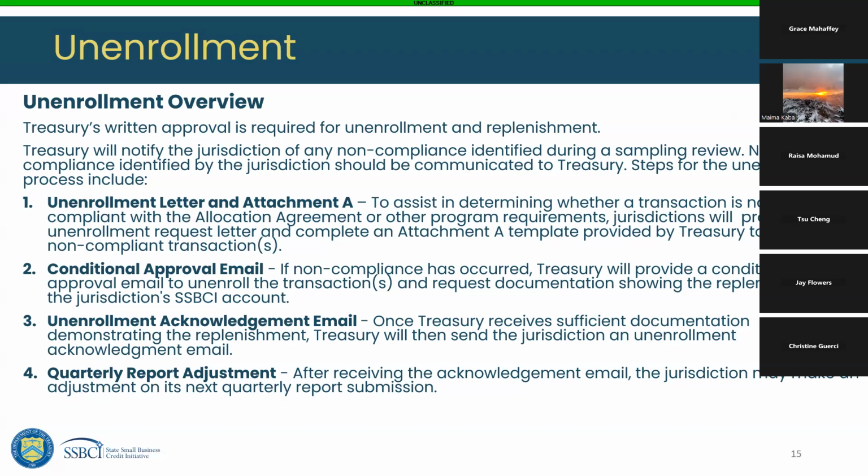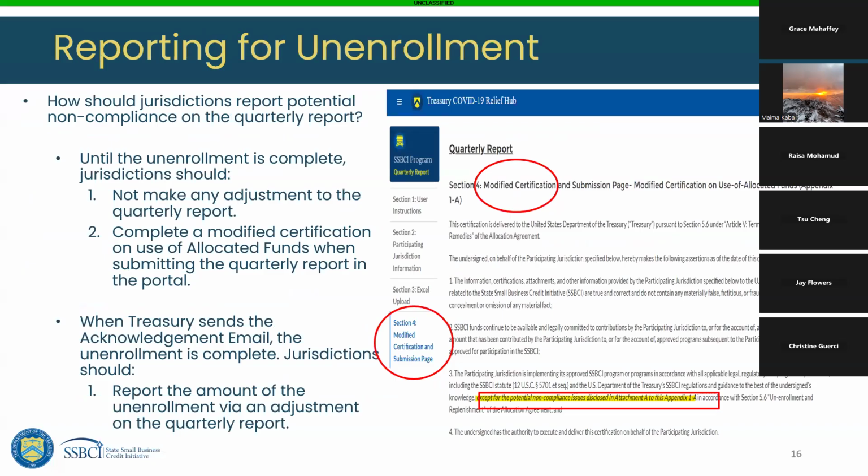Okay. Now that we've covered an overview of the process, let's move to the next slide. I want to just highlight some important parts of the process. As a reminder, the unenrollment process is still ongoing until we receive sufficient documentation demonstrating that the jurisdiction has replenished SSBCI's account and that the jurisdiction has received an acknowledgement email.